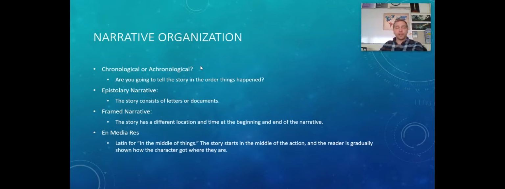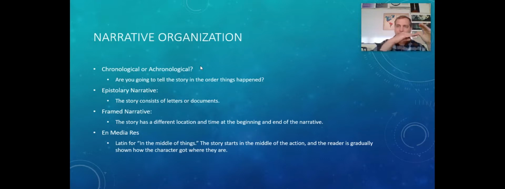You can choose what's called a framed narrative. And so this tends to happen when the story is in a different location and time than at the beginning and the end of the narrative. So one of the examples of this is a story by Haruki Murakami, where he tells the story of what's called the Seventh Man. And it starts off with a bunch of people sitting in a room telling their story. They're sitting in a circle and they're all sharing their stories on a stormy night, right?